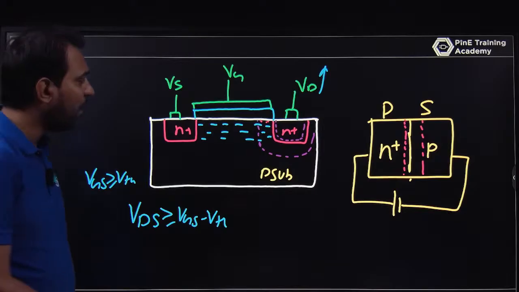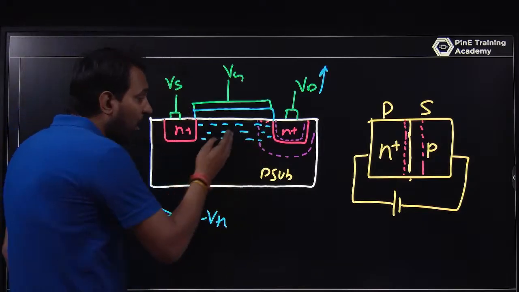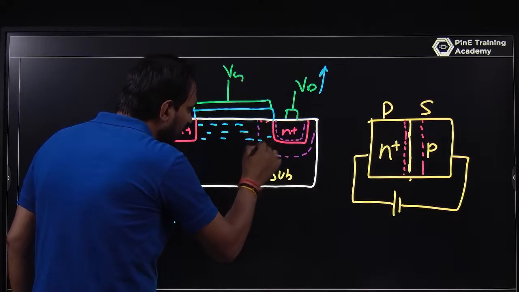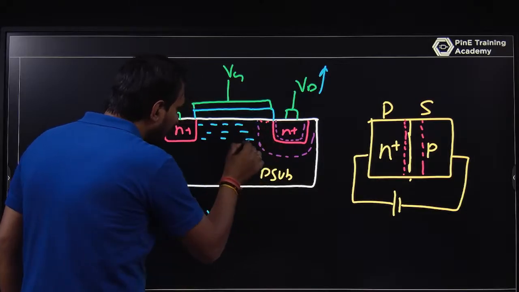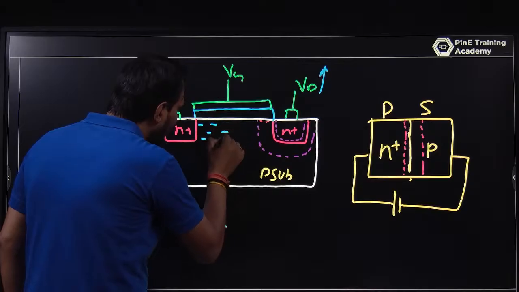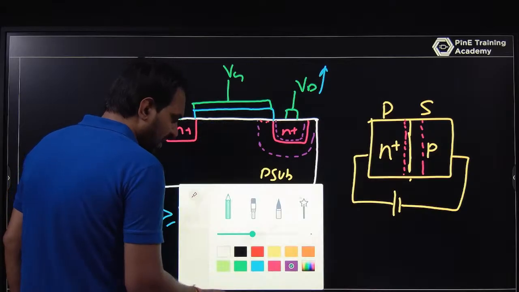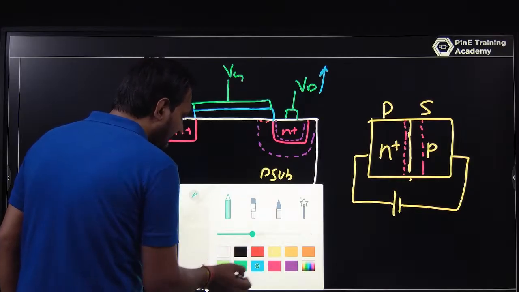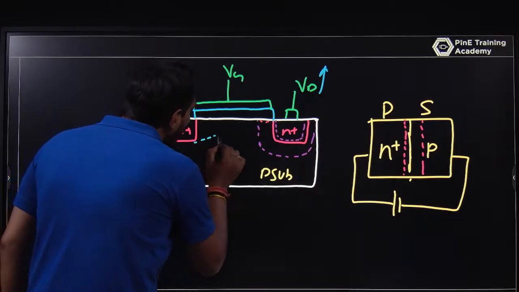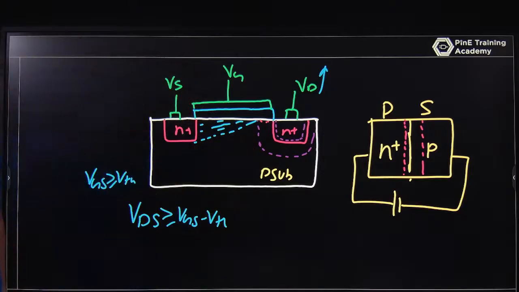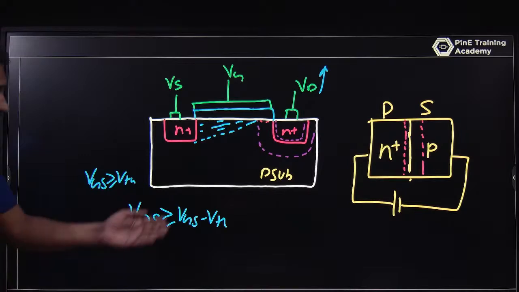So as per the depletion, the channel is not looking like this. This will be the channel, and this is hypothetical. The channel is shifted like this. Why?